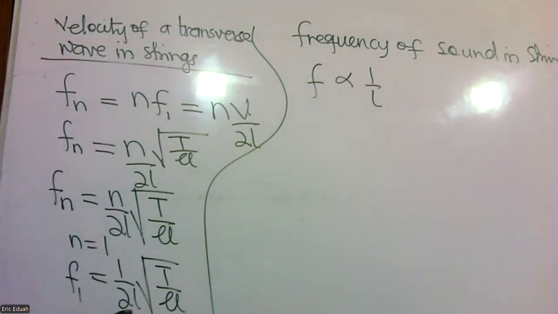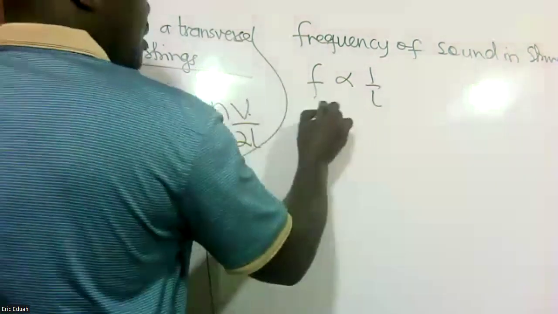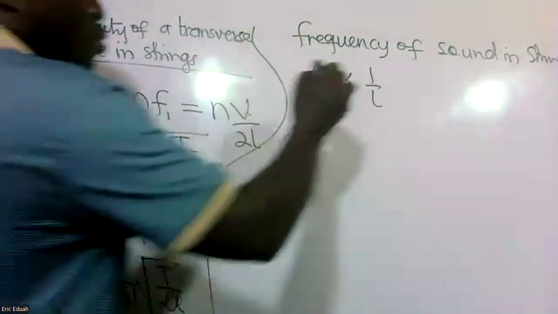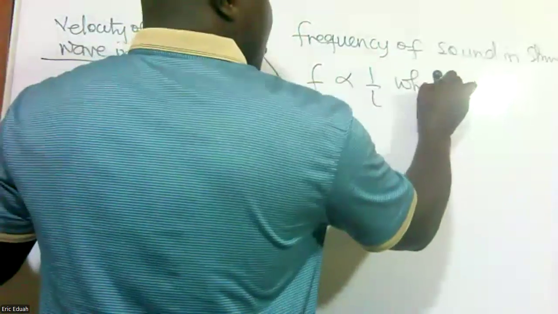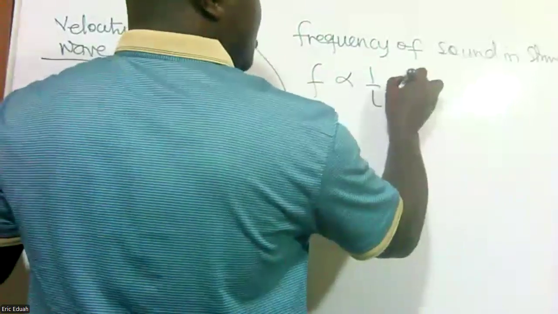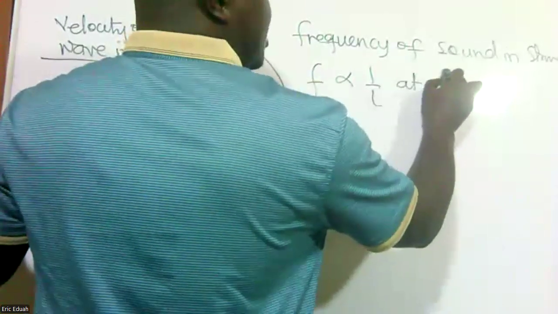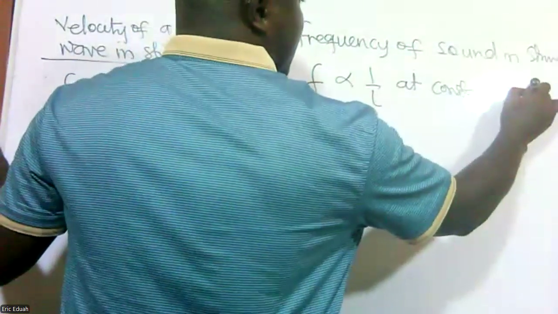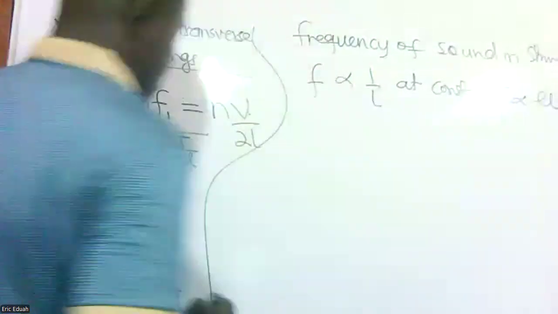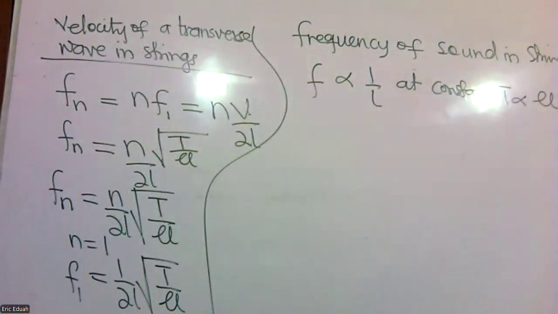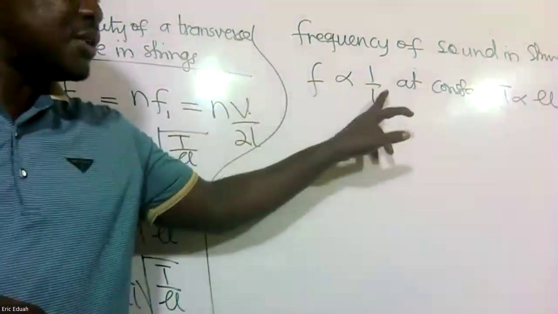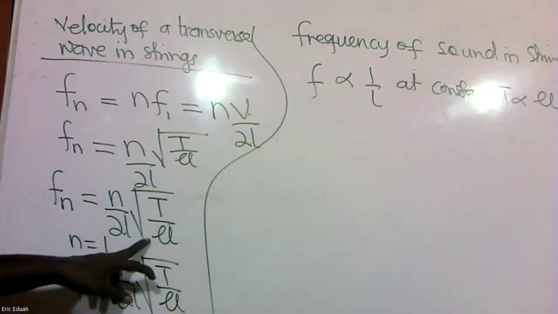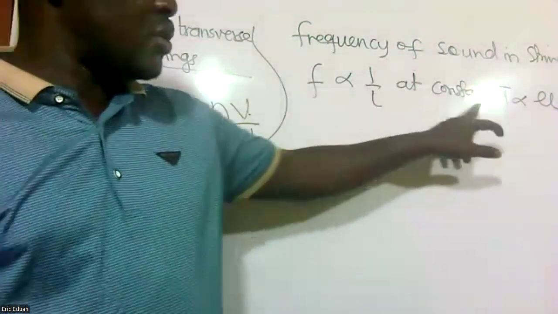You have 1 over L. But F will be inversely proportional to the length at constant T and mu. For F to be inversely proportional to L, the tension and the linear density must be constant. So at constant T and mu.